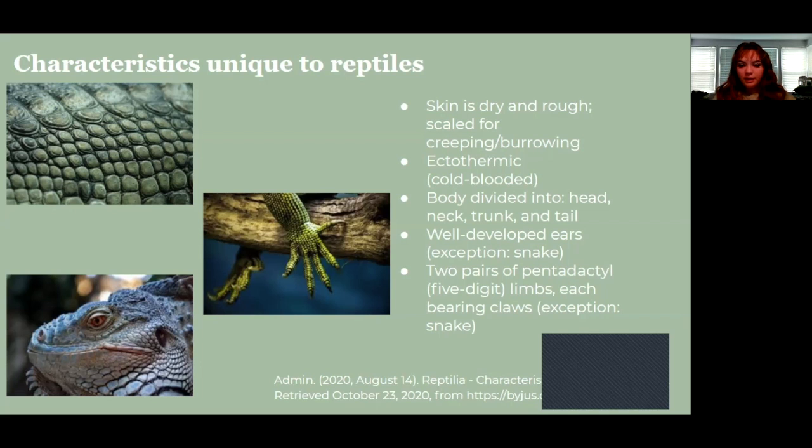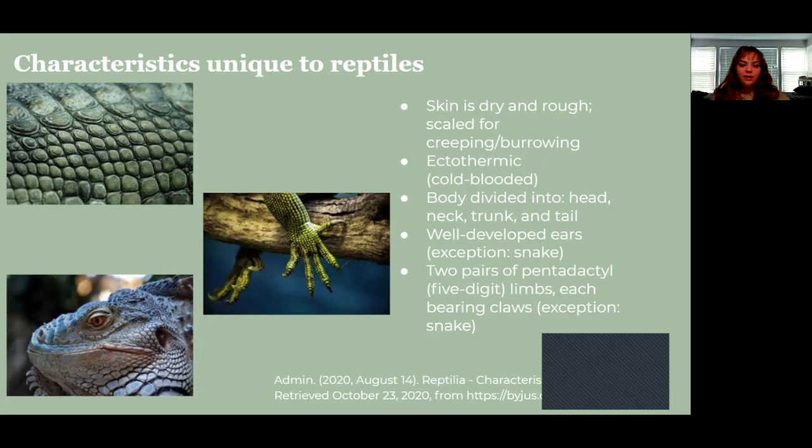They have a body divided into a head, neck, trunk, and a tail. They also have well-developed ears, with the exception of the snake. Reptiles are almost all predators, so the development of ears as a sense helps them immensely. And they also have 2 pairs of pentadactyl limbs, which are 5-digit, penta 5, dactyl digit, with claws.